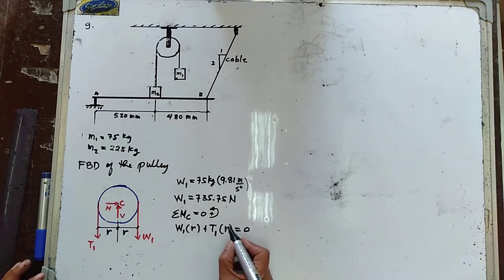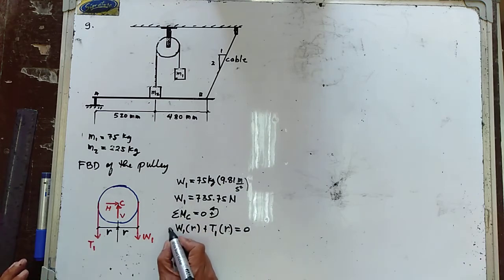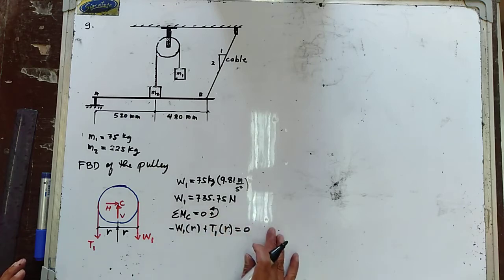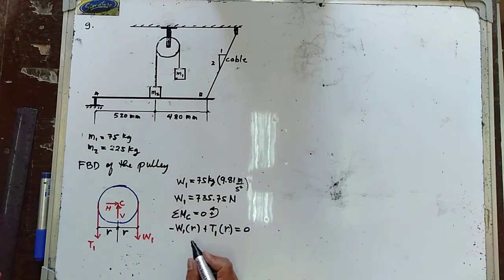If you transpose this to the other side of the equation, then R and R will cancel out, so that your T1 is now equal to W1. So T1 is equal to 735.75 newtons.